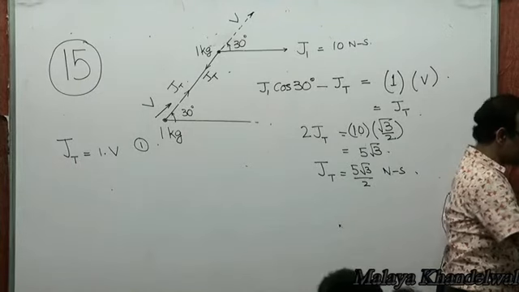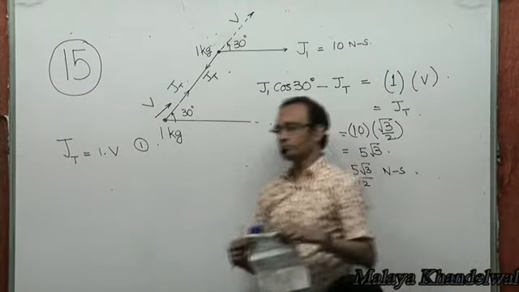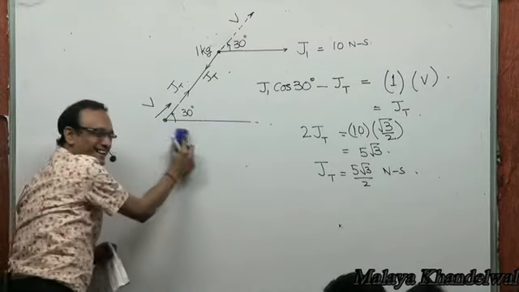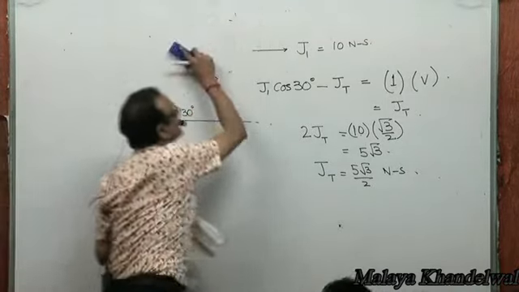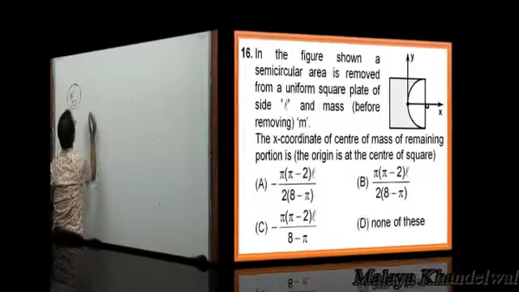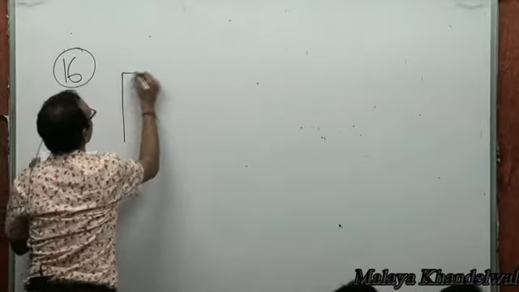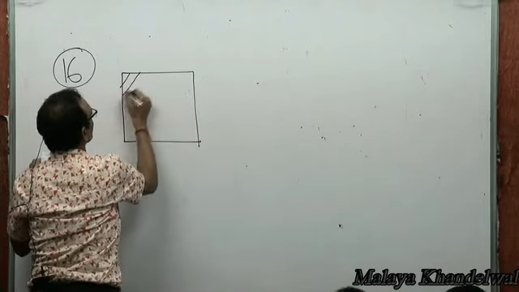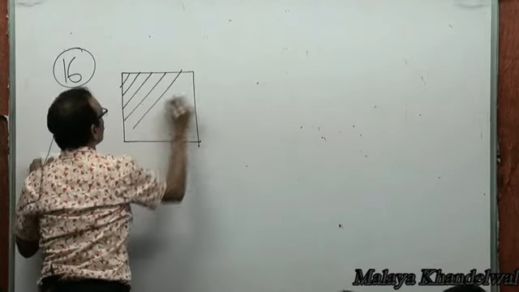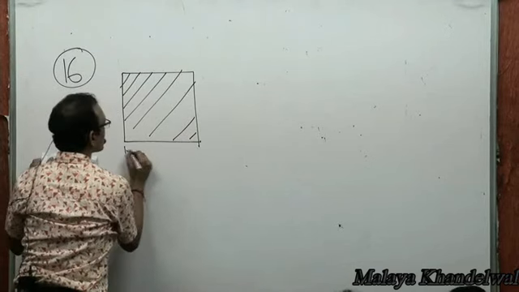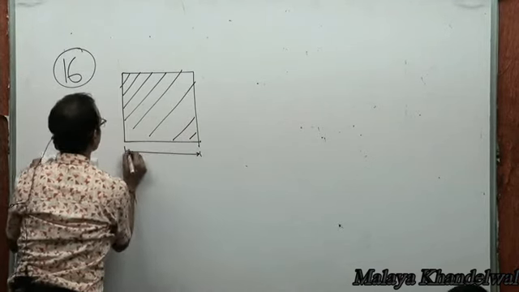And then the last problem of the sheet. There is a square lamina like this, and this is a square of side A units.